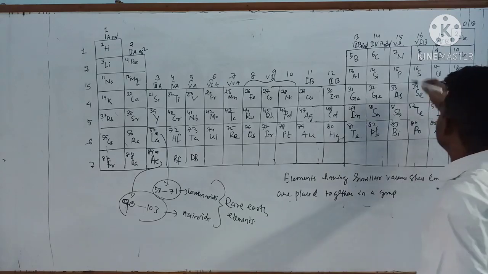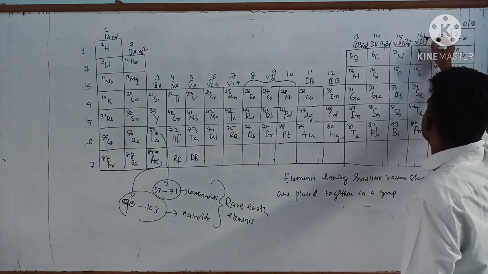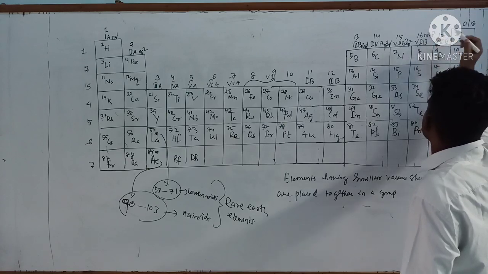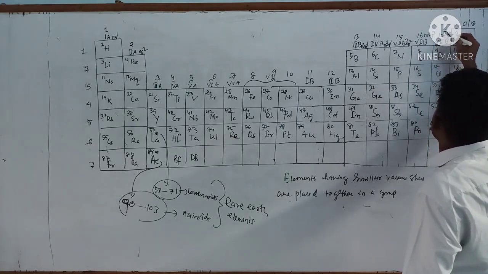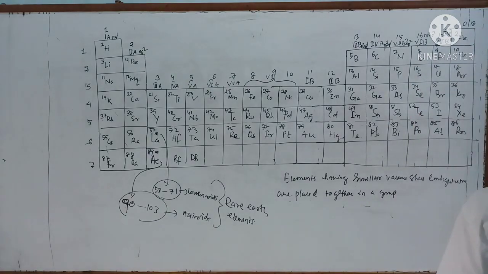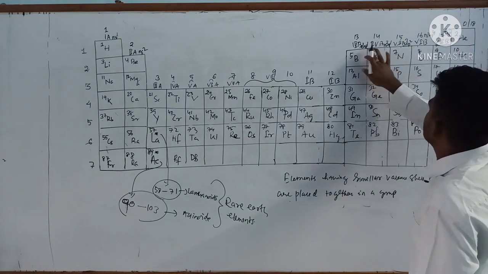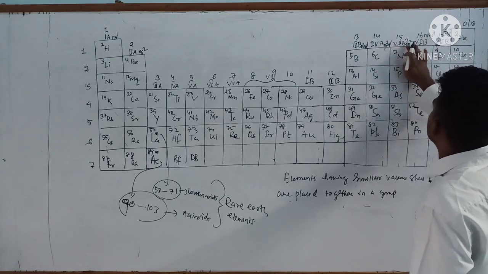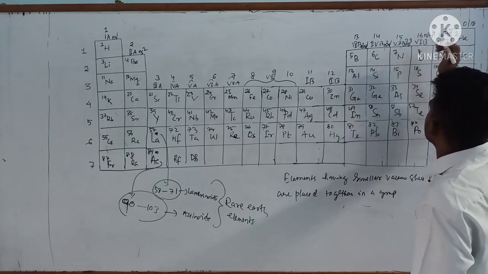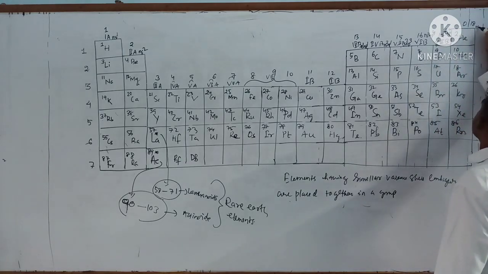I can write over here ns2 np2, ns2 np3, ns2 np4, ns2 np5, and this one is ns2 np6.